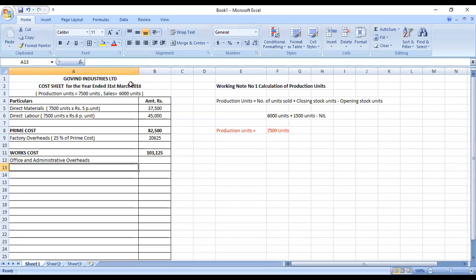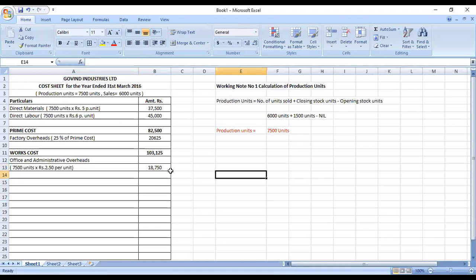So you can directly calculate it like this. Production units, how much? 7,500 units. Multiply by rupees 2.5 per unit. So how much does this come to? Office and administrative overhead comes to 18,750.